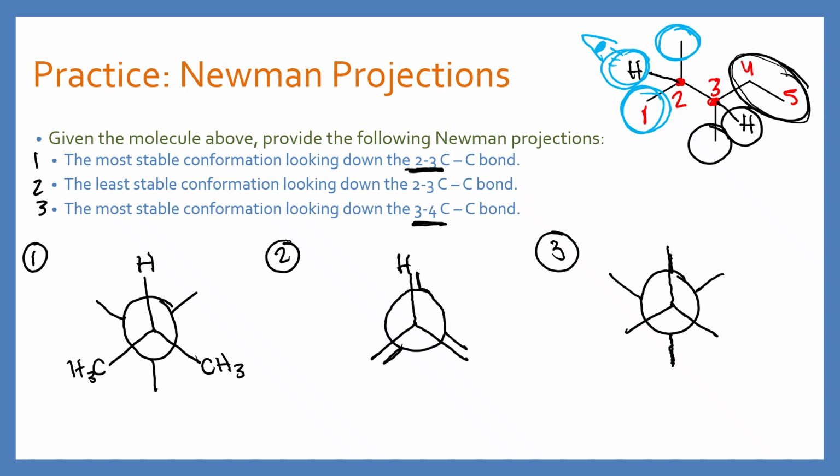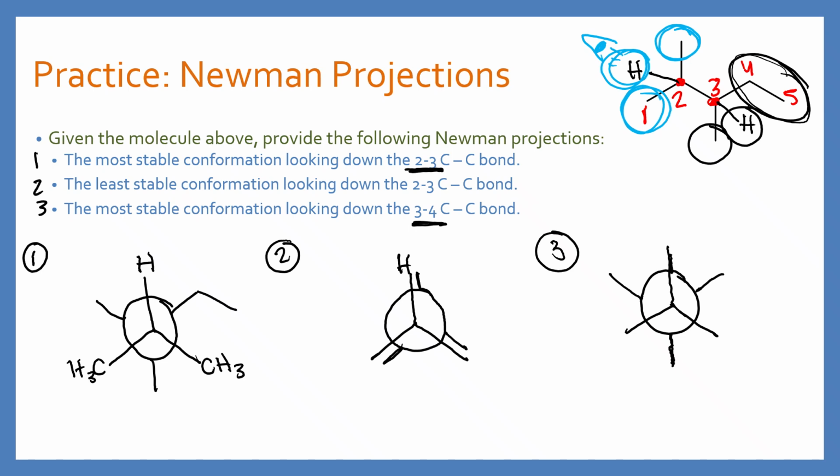So you can just kind of do that willy-nilly. There's only one place on our structure number 1 that we cannot put the ethyl group, and that's right here in between the methyls. This place is the most congested, and that is the last place we would want to put the ethyl group. So my ethyl group is going to go over here.